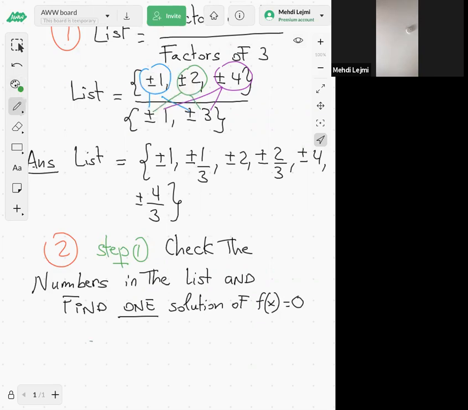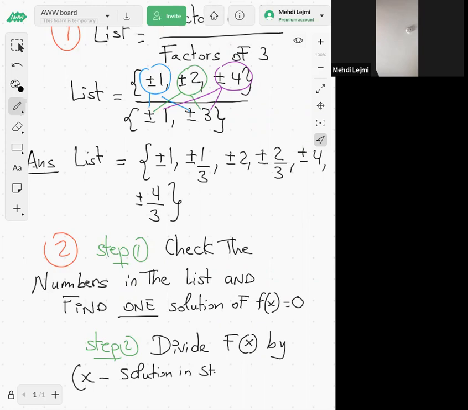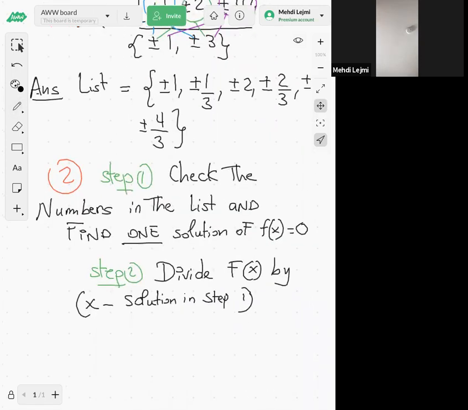So in step 2, divide your f of x by x minus the solution we got in step 1. Now, when you divide, of course, you're going to get the quotient.